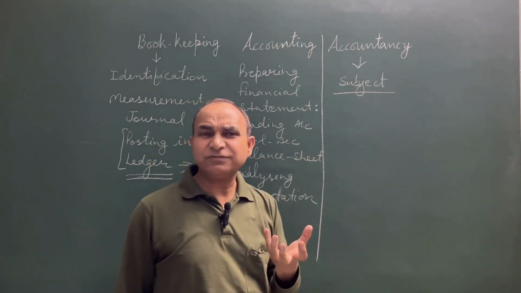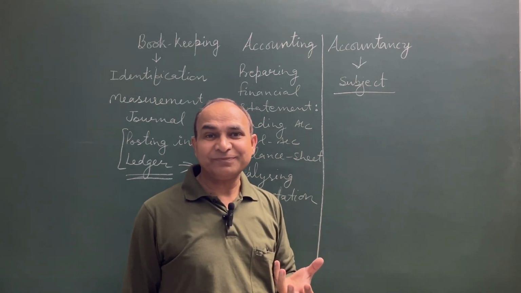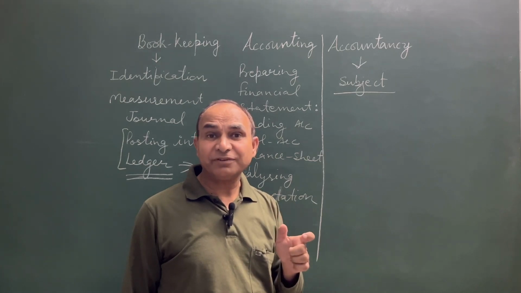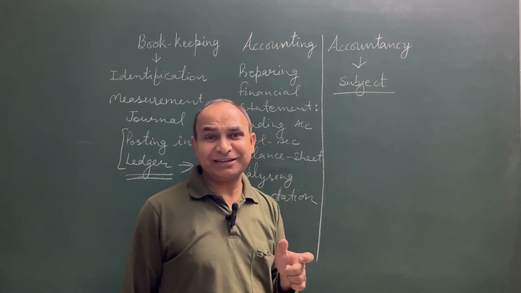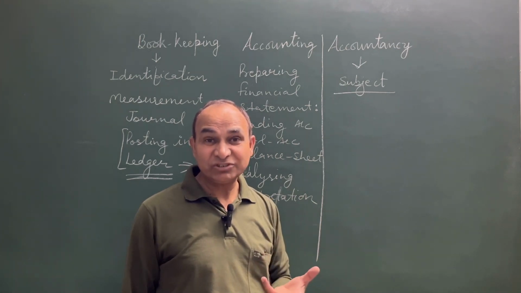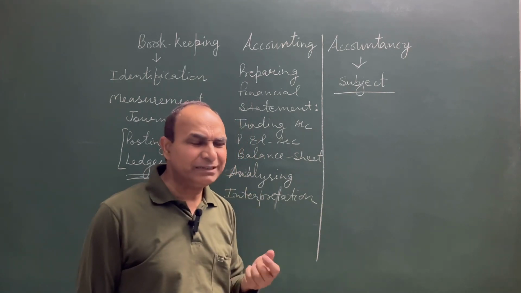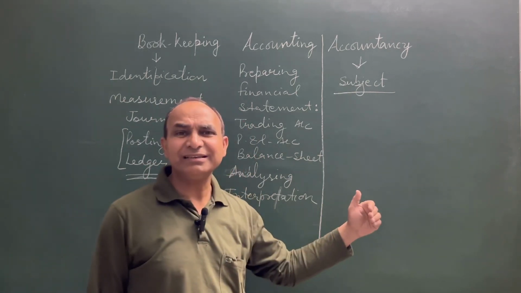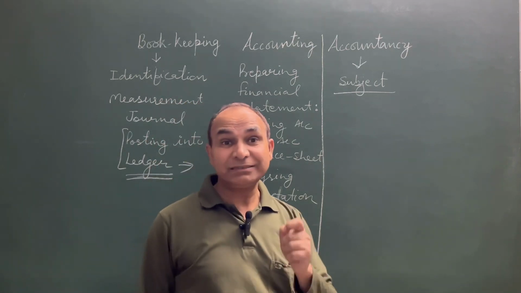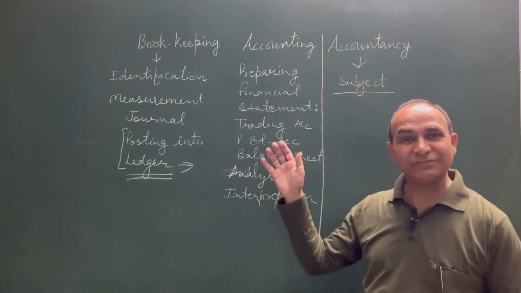So accountancy is a special field of knowledge. Accountancy is a subject which consists of complete or systematic body of knowledge. It is a discipline in itself which is complete and systematic, and which includes the techniques, the principles, and the necessary theory like accounting standards, which are necessary to be studied by the managers, by the accountants, to perform all these functions.